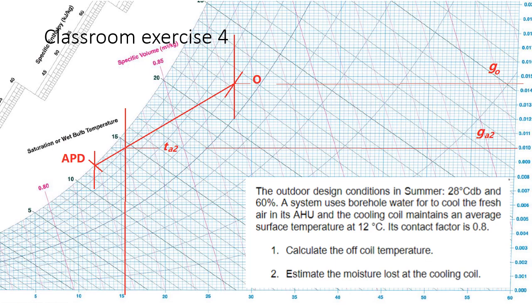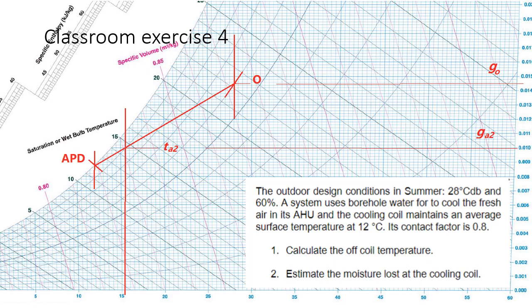And if you like, you can read this. Wet bulb temperature is 14.5 Celsius, dry bulb, right? So you take the air to the cool surface, and out air will be on this line. If the contact factor is very, very large, very close to 1, this off coil will be close to this point.